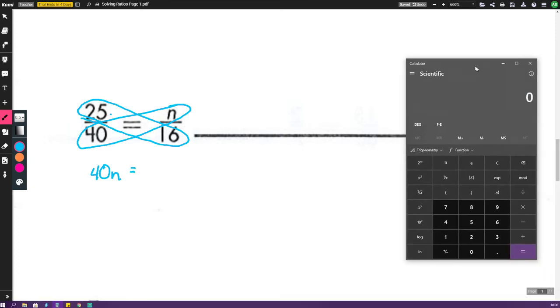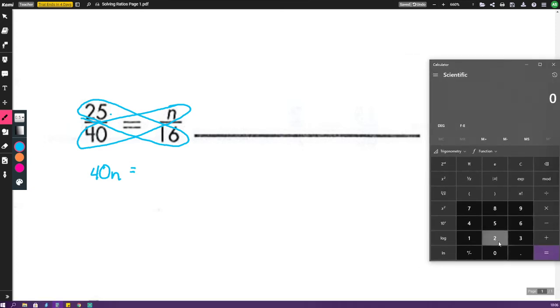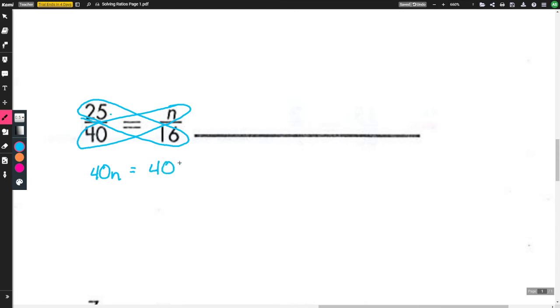Okay, here it is. 25 times 16. 400. Okay, I want n by itself, so I have to divide both sides by 40. Okay, so that leaves me n here.